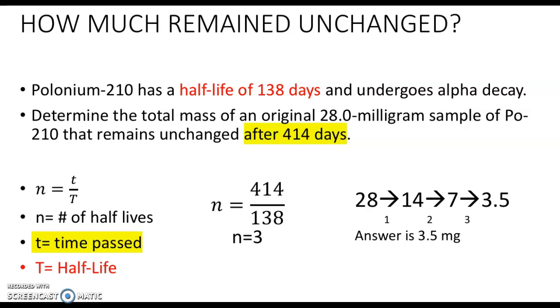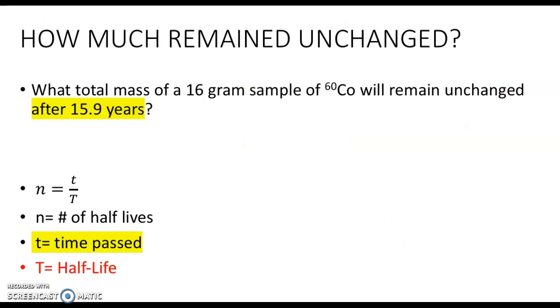So my answer is going to be 3.5. They want to know the mass of how much is left. I go ahead and use my n value to divide the amount I have.